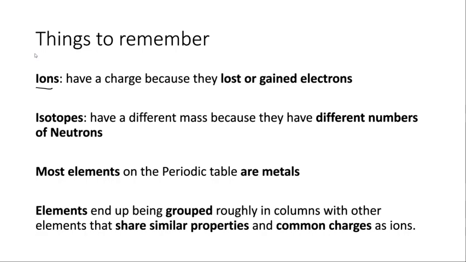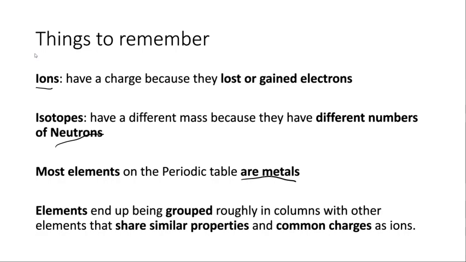Isotopes have a different mass because they have different numbers of neutrons. Most elements on the periodic table are metals, and elements end up being grouped roughly in columns with other elements that share similar properties and common charges as ions.